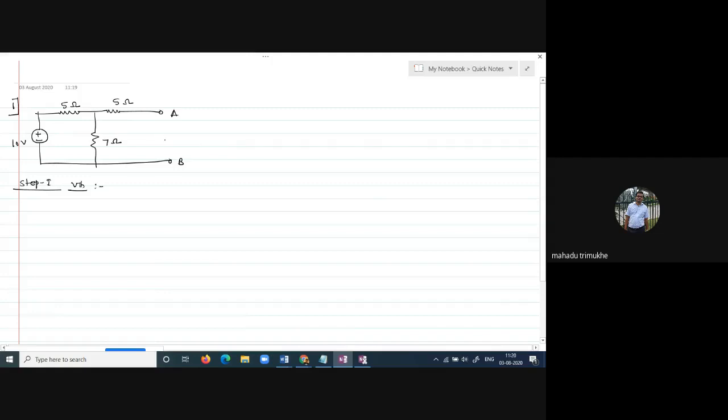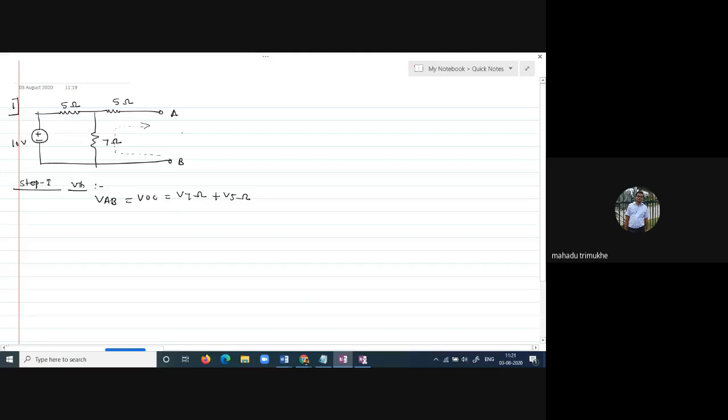So VAB is equal to VOC, which is nothing but VTH. Suppose we consider a path from point B to A, going from the 7 ohm to the 5 ohm resistor, which we denote as a dotted line. Then VAB, which is VOC, is nothing but V7 ohm plus V5 ohm.